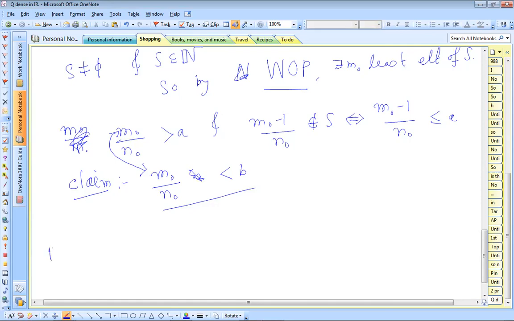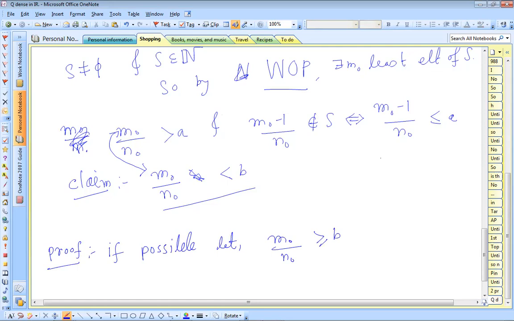The proof is basically the contradiction method. So if possible, let m naught by n naught be greater than or equal to b.